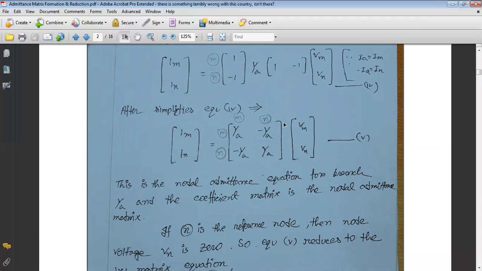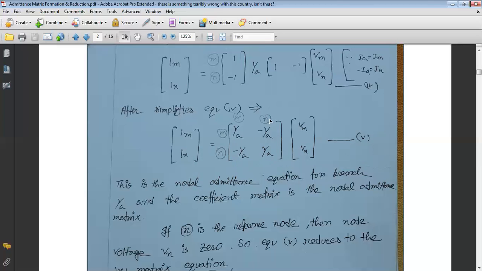The left portion of the voltage matrix is called the coefficient of voltage, which is Y, -Y, -Y, Y. This is a 2 by 2 matrix, because there are two equations and two rows.